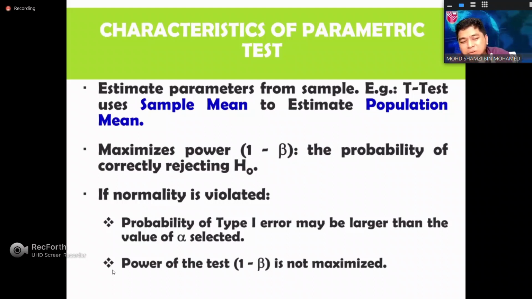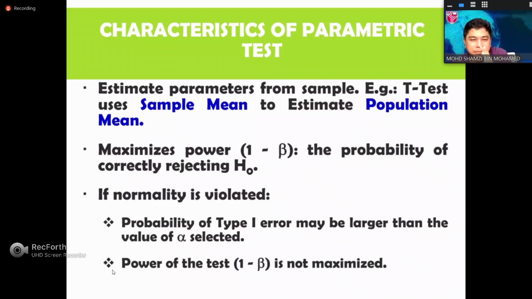The probability of type 1 error may be larger than the alpha selected, and therefore the power of the test, which is 1 minus beta, is not maximized. It doesn't have symmetry in distribution. Maybe it's skewed to the right or to the left, so it will no longer give an accurate estimate of your alpha value.